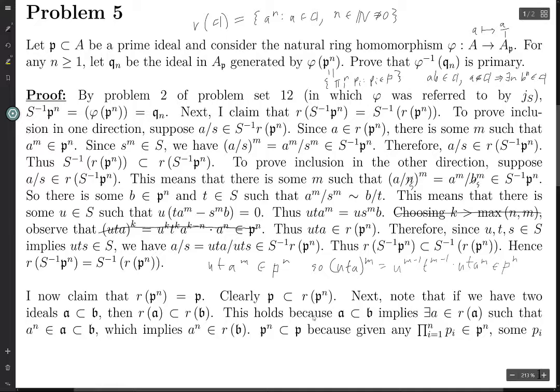Alright, so next, let's say we have two ideals, A and B, and A is contained in B. Then the radical of A is contained in the radical of B, because if you have this, then there is an element a. No. What am I doing here?